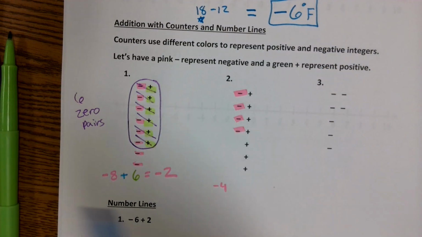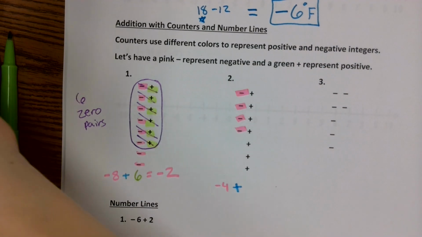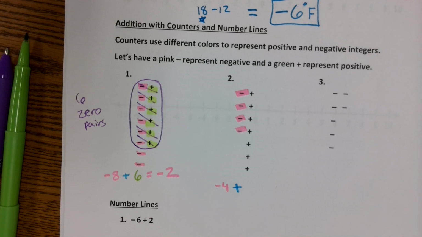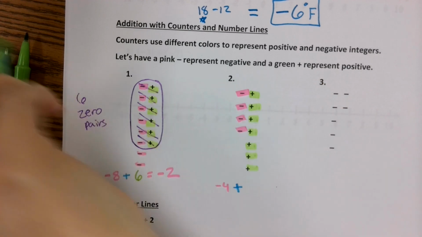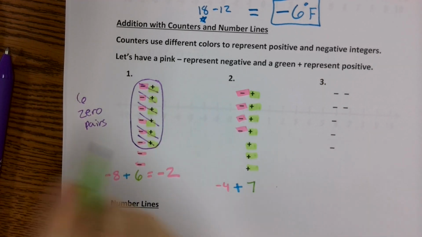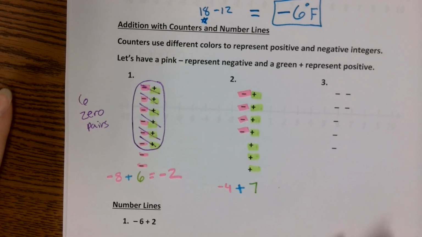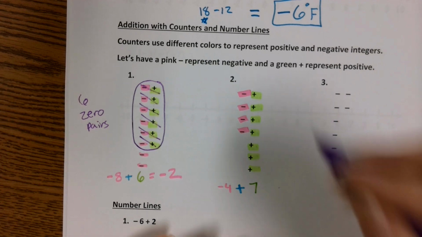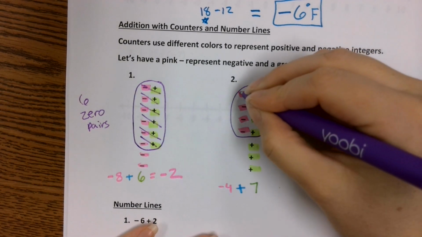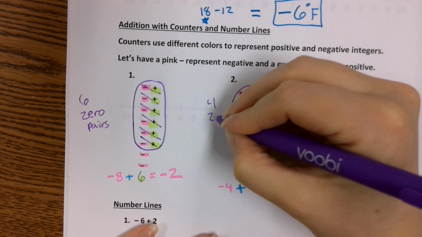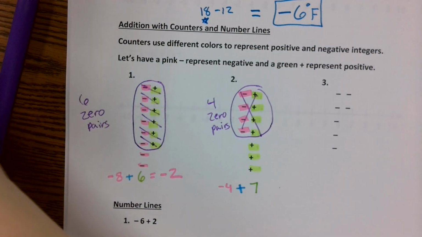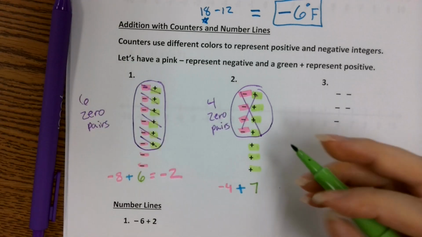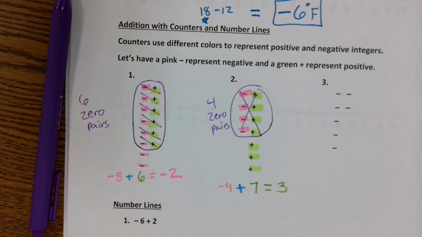Again, we are adding on to that. What are we adding on to it? Corbin? 7. Okay, so we have 7 positives that we can go ahead and add on there. Okay, how many 0 pairs are there? 4, right? We have 4 0 pairs located here that can go ahead and get canceled out. And so then what's remaining is our final expression, which happens to be a +3.